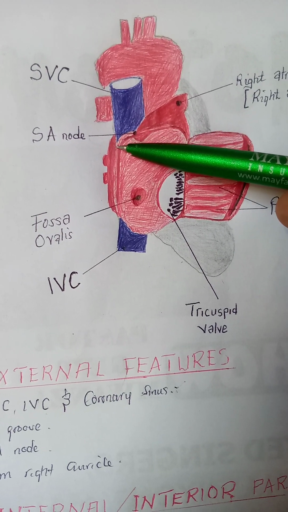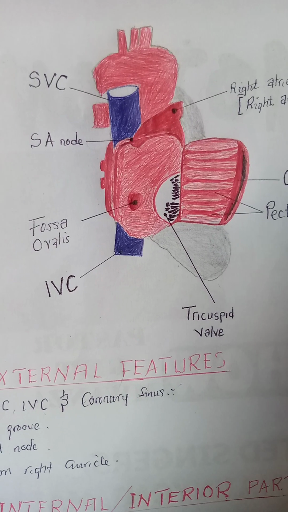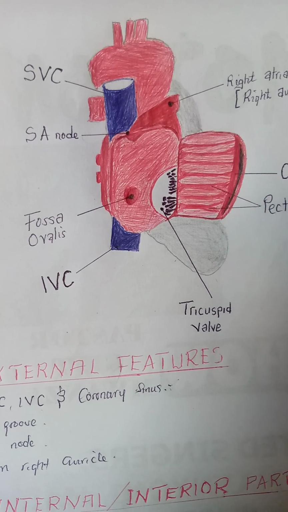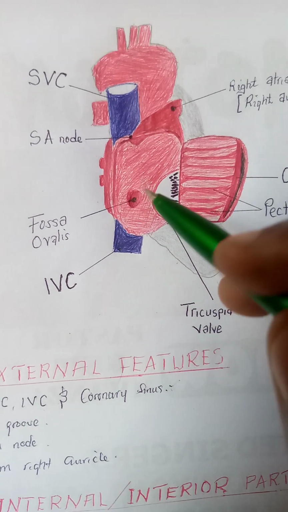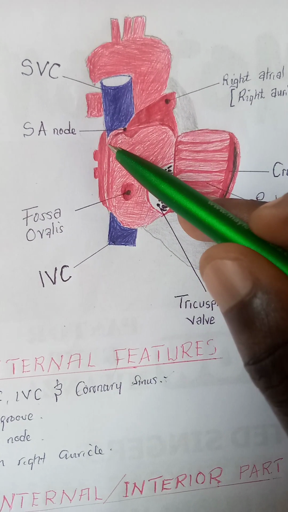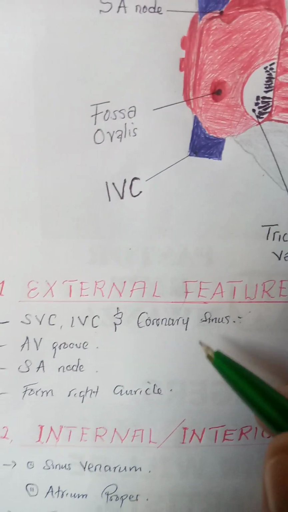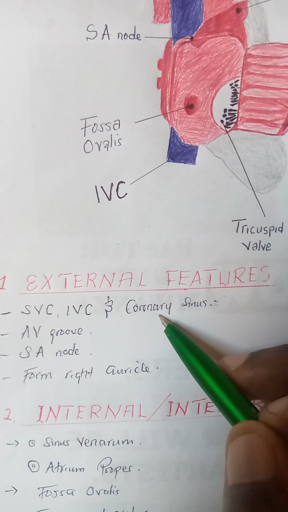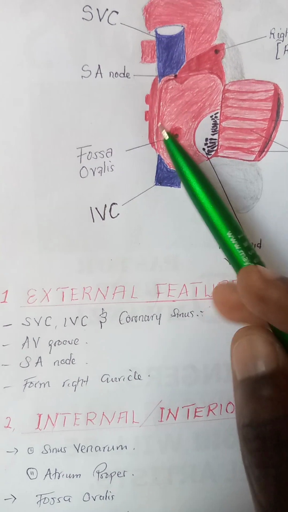Apart from that, remember when we talked about the coronary circulation, we talked about the principal vein of the heart, which is the coronary sinus. That principal vein, the coronary sinus itself, empties its content into the right atrium as well. So this is the first point which you need to take note of: the superior vena cava, inferior vena cava, and coronary sinus empty their content into the right atrium.